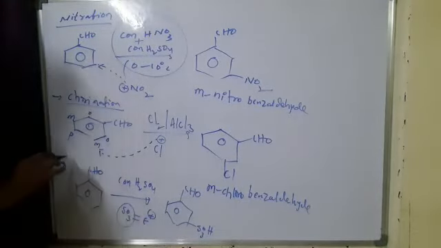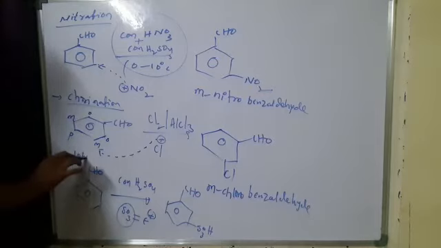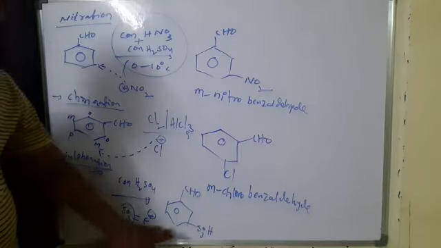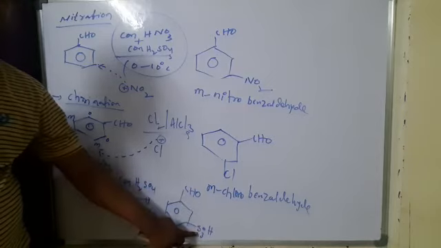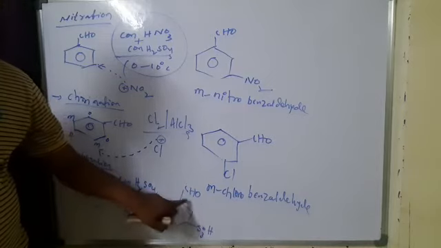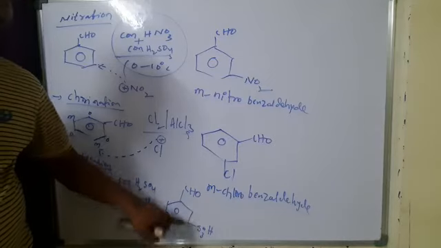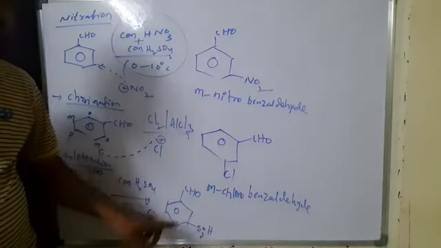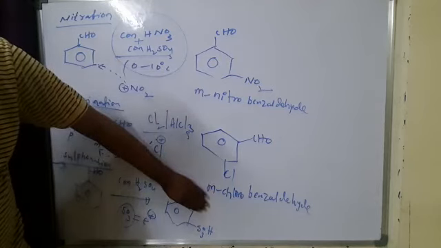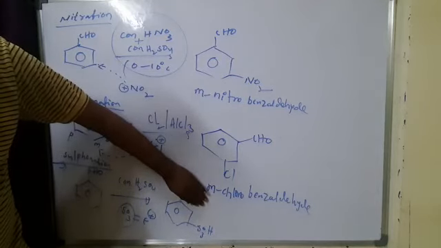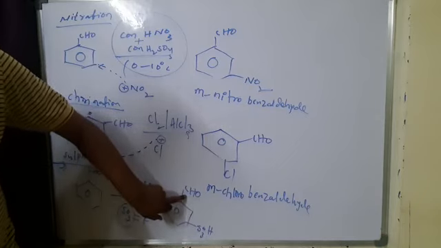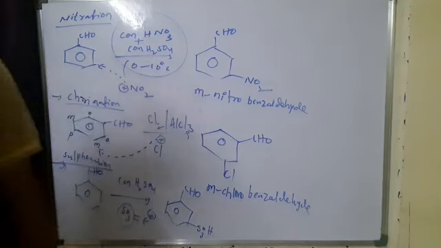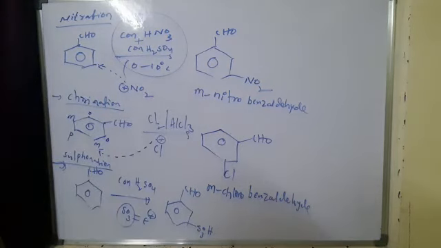So this is sulfonation. This is called the formyl group. Now SO3H has more priority, so meta-formyl benzene sulfonic acid. Actually, this is the sulfonic acid; benzene sulfonic acid is the parent. Now the meta position to this. This is meta-formyl benzene sulfonic acid.